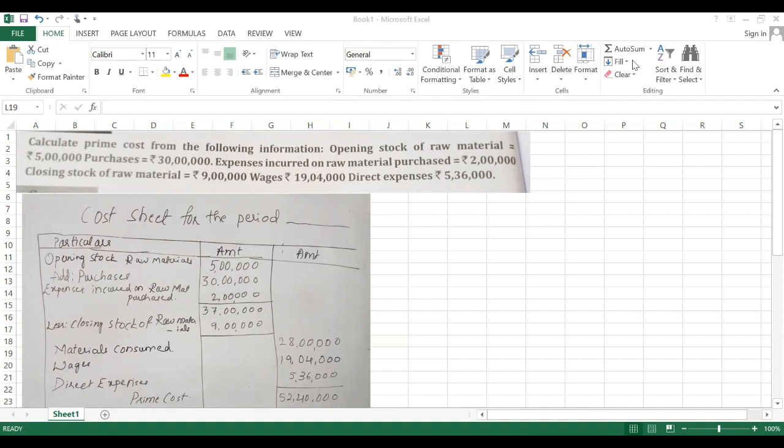So here also they have given a similar thing. See here. Opening stock of raw materials is 5 lakhs, which they have directly mentioned here. And add purchases, which is 30 lakhs. It's here. And expenses incurred on raw material purchased, which is 2 lakhs.